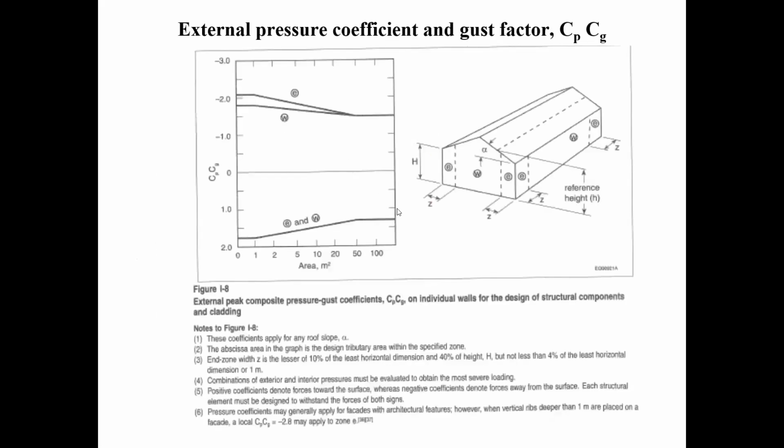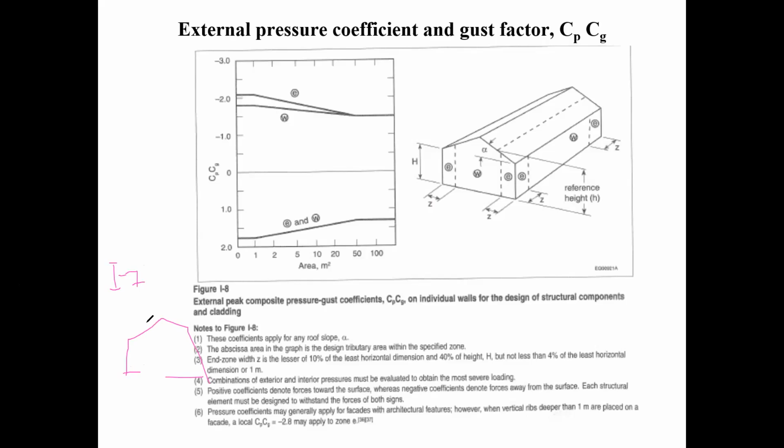This is what you had last year in structural analysis. You had figure I7. I7 is for the primary structure of the building, in other words, when you're designing the bracing. We'll use I7 when it comes to our steel building, because we will be designing the bracing for it.